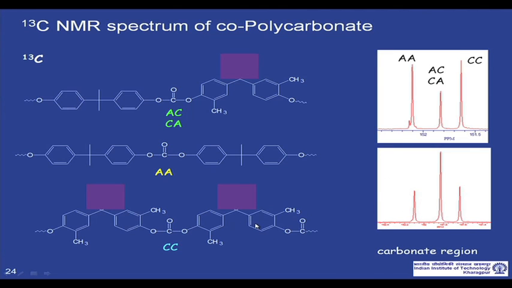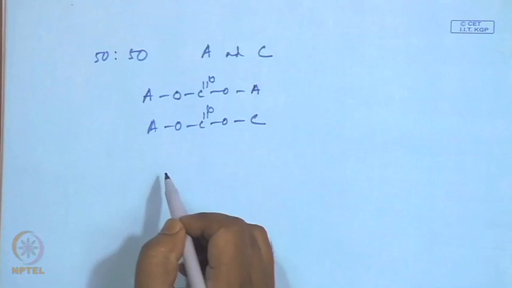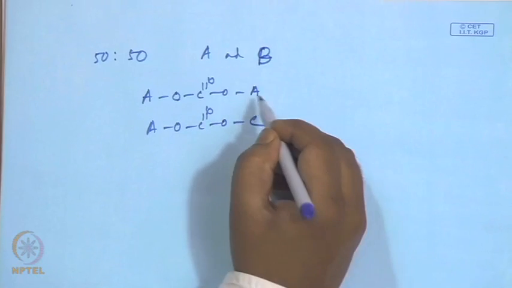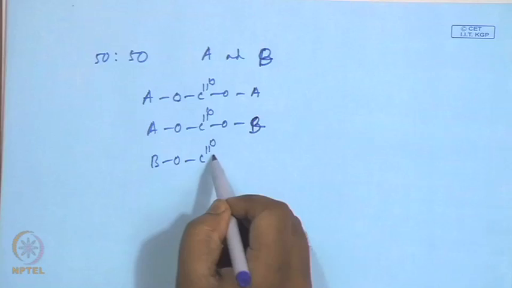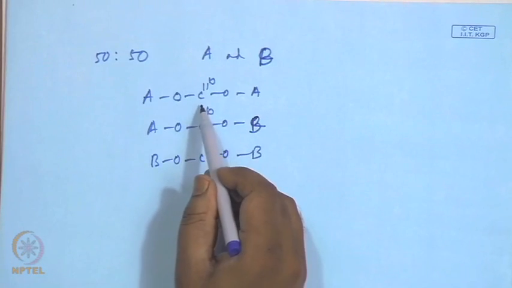Say you have a 50-50 mixture of A and C, the two monomers, and you can have AC, you can have ACOOC, let us call it B, and so three types of carbonate are possible.